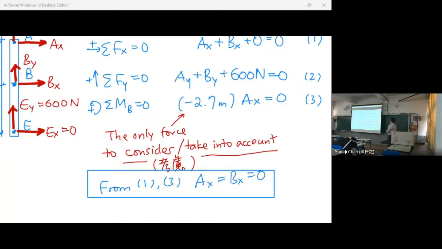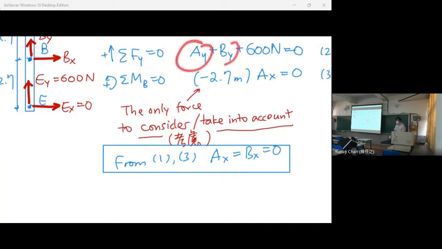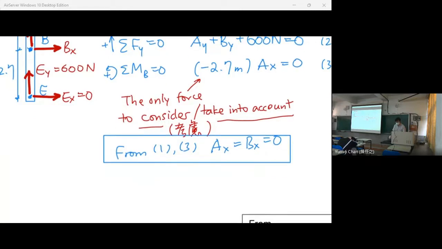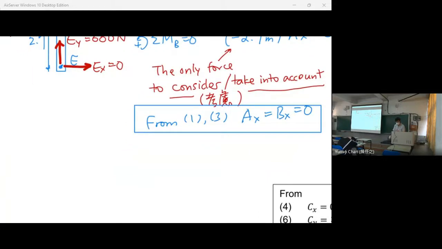We can do this later in the next step. Now, because we still have Ay and By to solve, we work on the next member. So before next Tuesday, please help me with this.